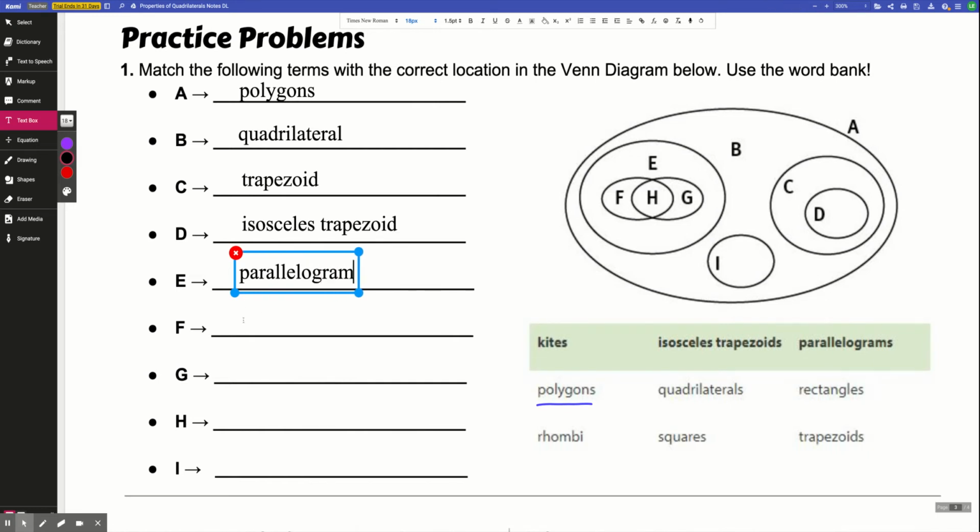And then we're going to get, like I said, more specific as the circles get smaller, right? So F and G would be your two slightly more specific types of parallelograms. So rectangles and rhombi, that's the plural for rhombuses. You could switch the order of these here. It doesn't really matter.